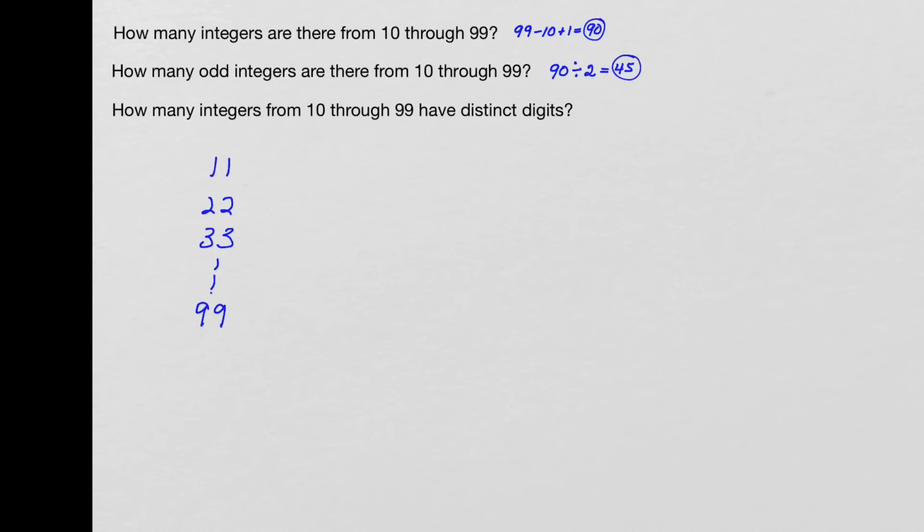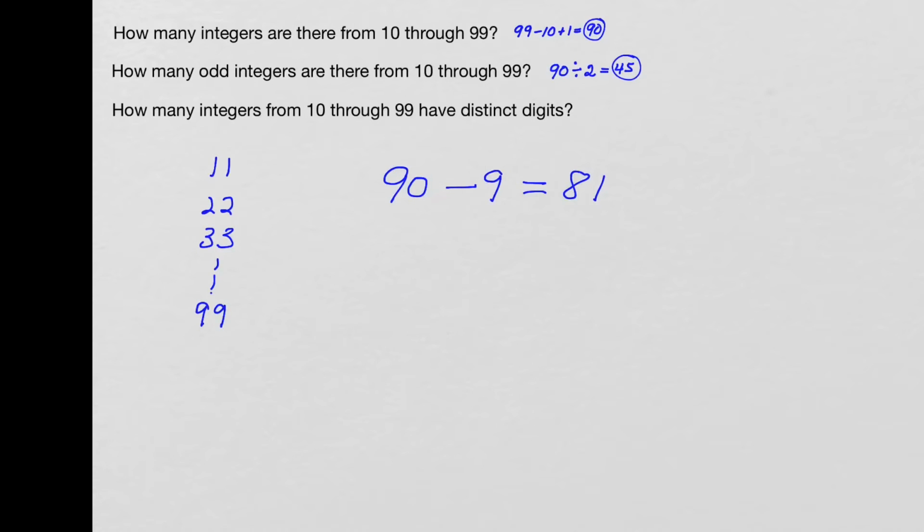So how many are we eliminating? We are eliminating 9 different numbers from the list. So we had 90 to start with. Take out 9 of those, and we have 81.